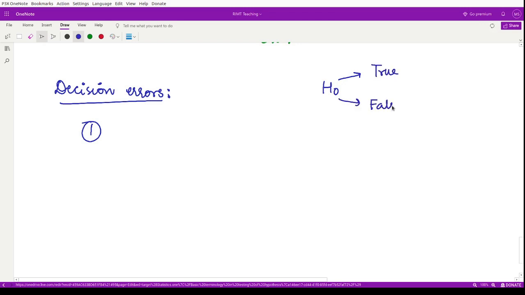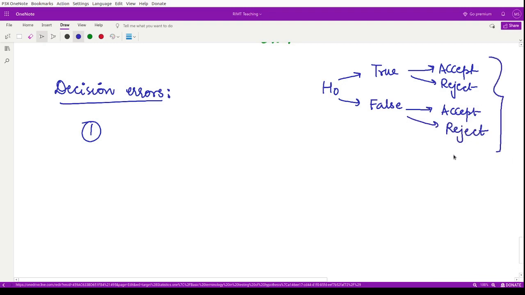You do not know in the very starting. So based on your calculations, you will either accept it or reject it. Similarly, if it is false, in that case also you may accept it or reject it. That depends on your calculation and the results.